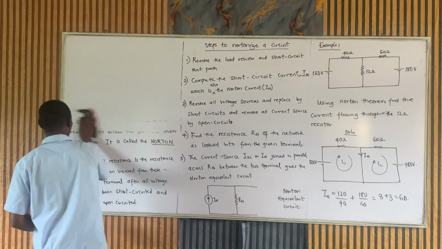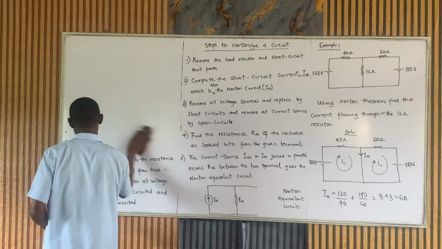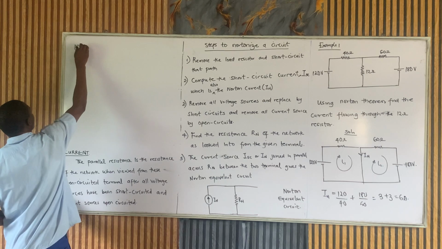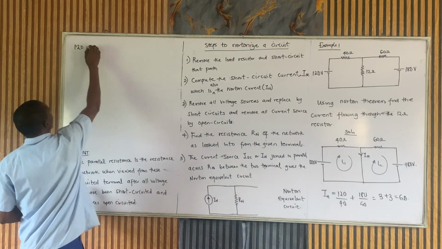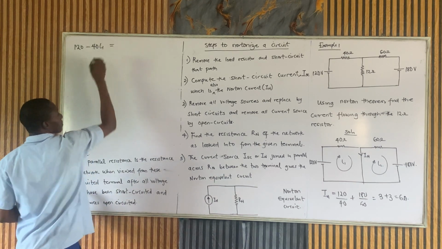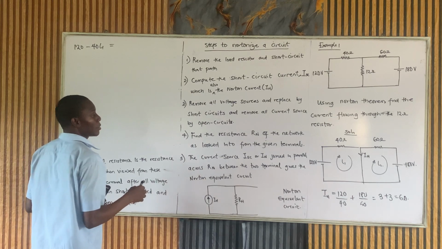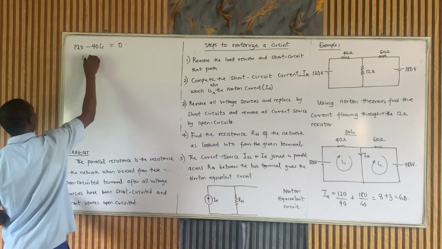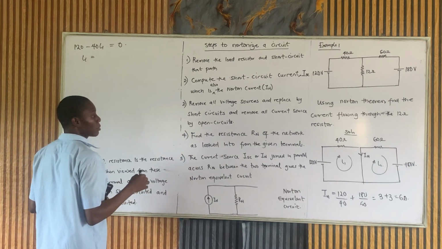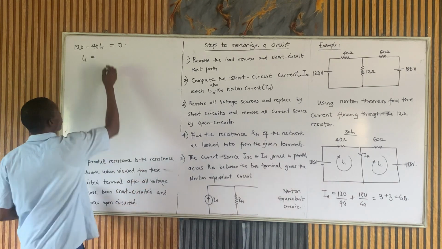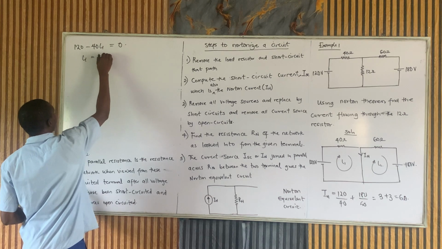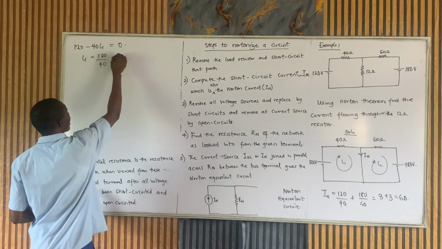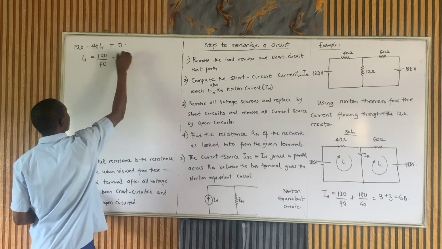For the first mesh, it's going to be 120 minus 40 I1 equal to 0. That will simply be I1 equal to 120 over 40, and that's 3 ampere.